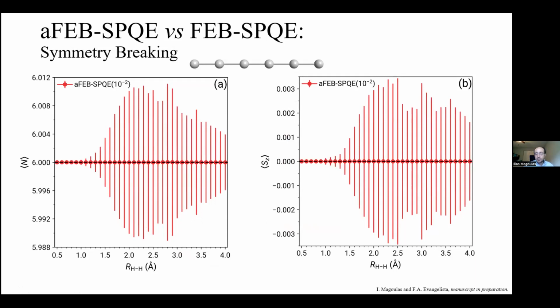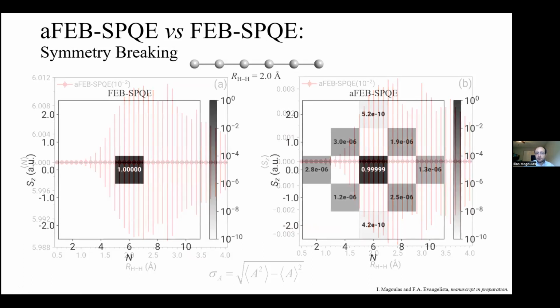However, expectation values are not a good metric for symmetry breaking because the contaminants that we have can have either lower or higher eigenvalues. So in these plots, we also have the standard deviation, which is computed in this way. And we see that these standard deviations are quite negligible. So this is a good indication that the symmetry breaking is very, very small.